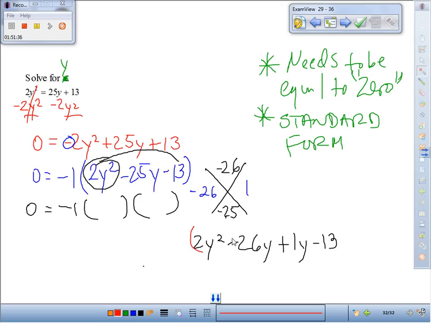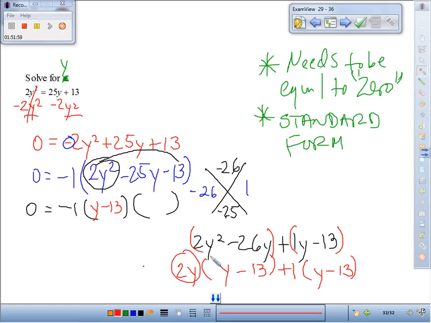And now we can group. What's my GCF here? 2y, and we're left with y minus 13. What's our GCF here? 1, and we're left with y minus 13. So what's the same here and here? Y minus 13, and what's left? 2y plus 1.